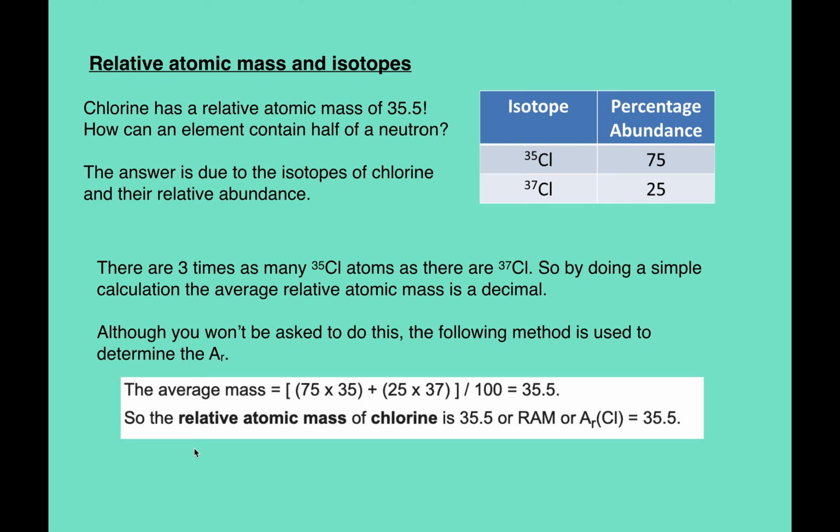So the relative atomic mass of chlorine is 35.5. Don't worry too much about that, but if you've got a basic idea of how it works, it does make sense that this final answer will be closer to 35 than 37, doesn't it? That's the only important thing, really.